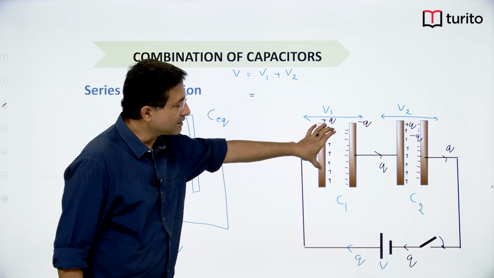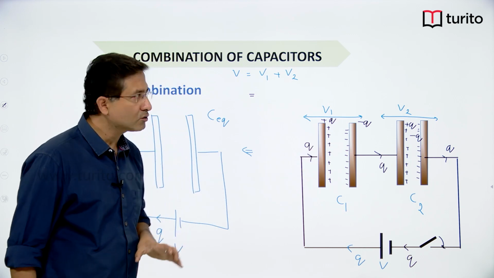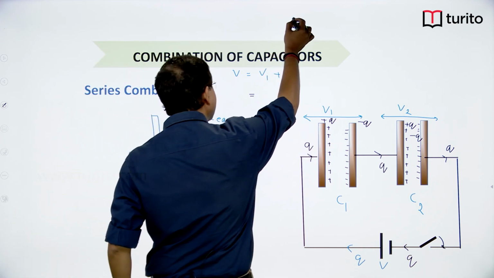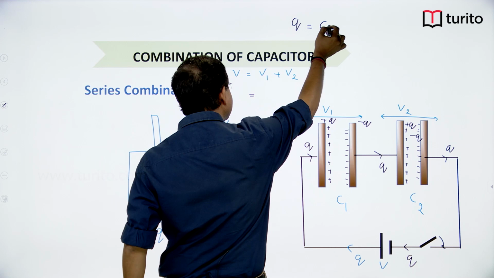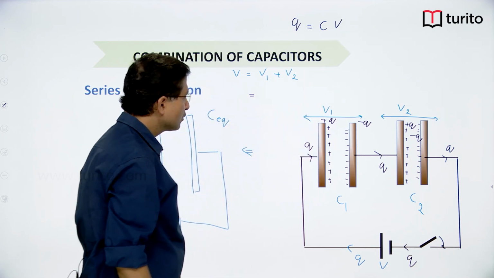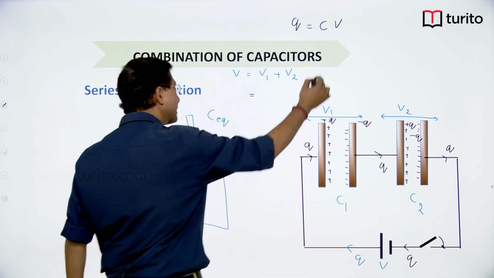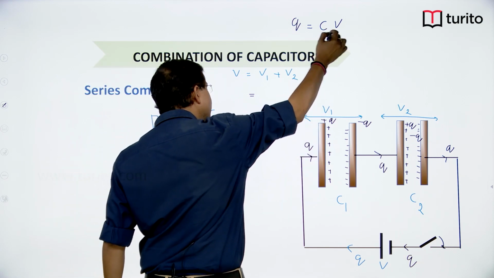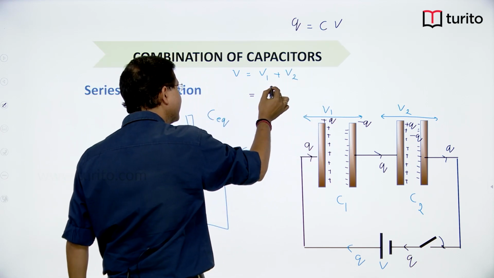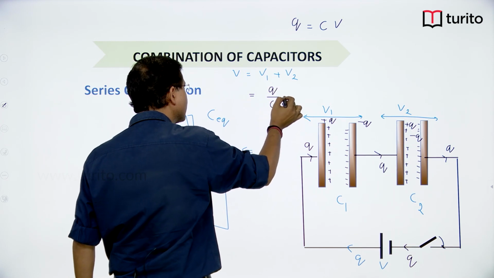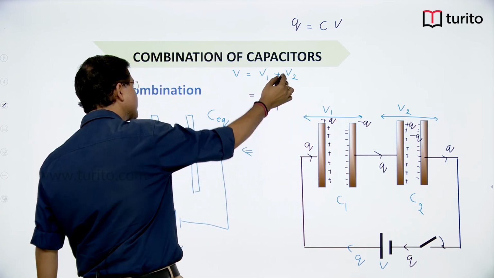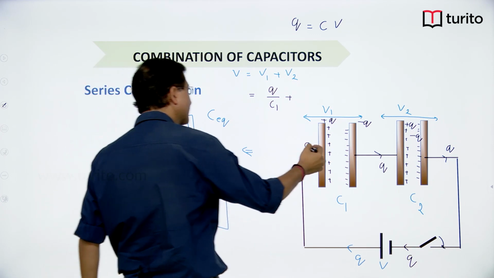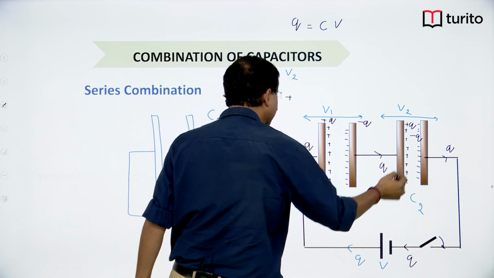Now, voltage drop across this capacitor, Q is equal to CV. So, for the first capacitor, capacitance is C1. So, voltage drop V1 is Q by C1. So, here I can write Q by C1 plus, for the second one, similarly, both are carrying the same charge because they are connected in series.